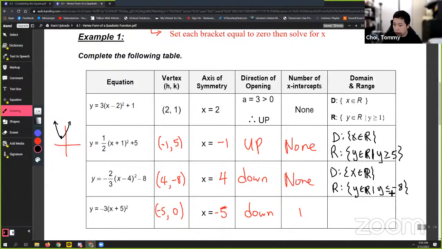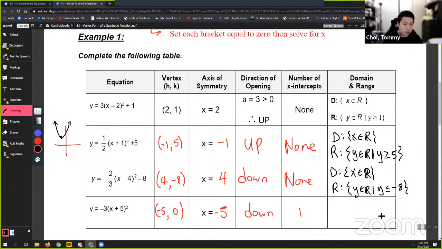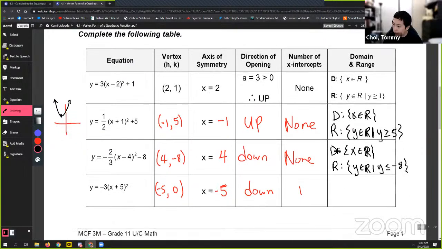Perfect. And you're just missing the or equal to. But yes, less than or equal to -8. Perfect. That looks good to me as well. So we have, once again, domain is x ∈ R. For a parabola, there's no restriction on the domain for a regular parabola. And as Sophia said, it's less than because it opens down. This is what causes it to be less than. And then -8 is just the y value of the vertex here.